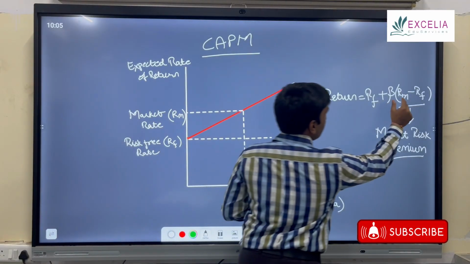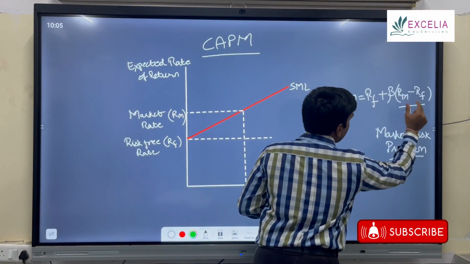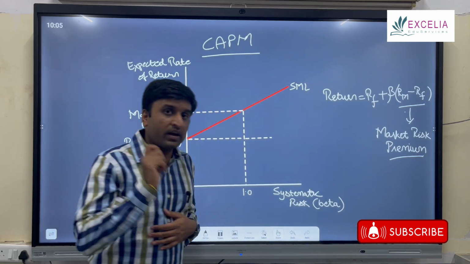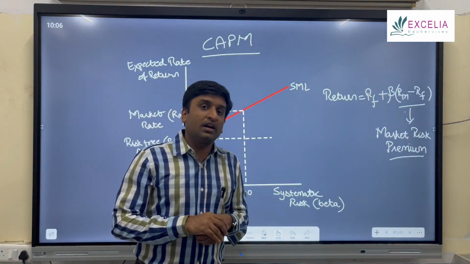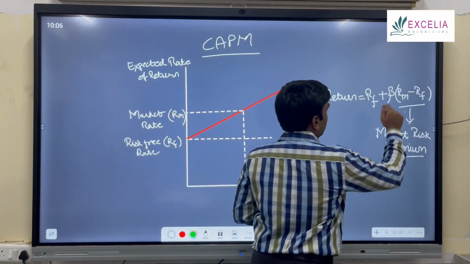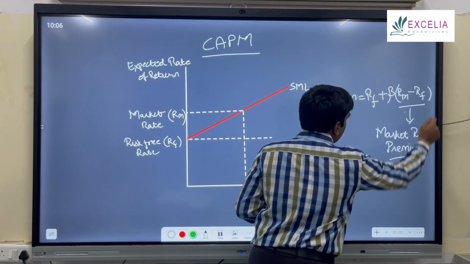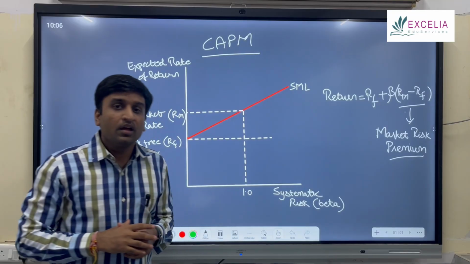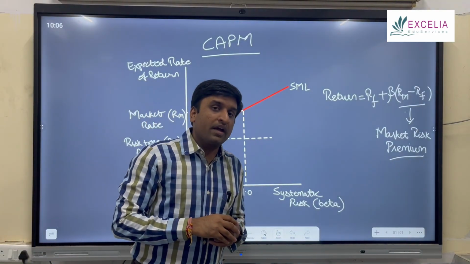So the additional return that you are getting over and above the risk-free rate is called the market risk premium, which is also calculated by the formula RM minus RF, or in other words, the market rate of return minus the risk-free rate of return.